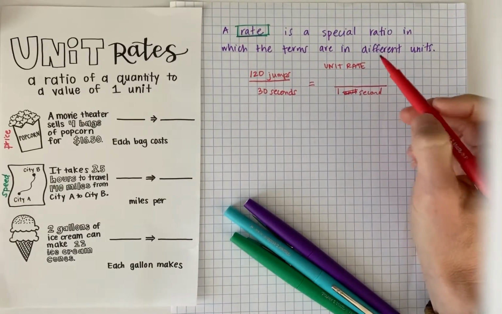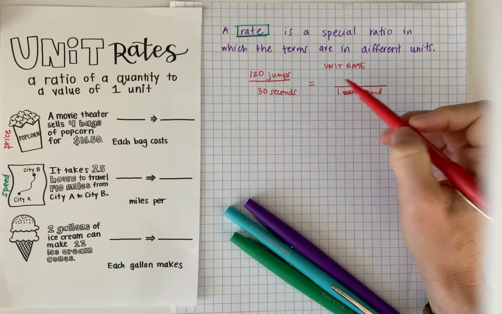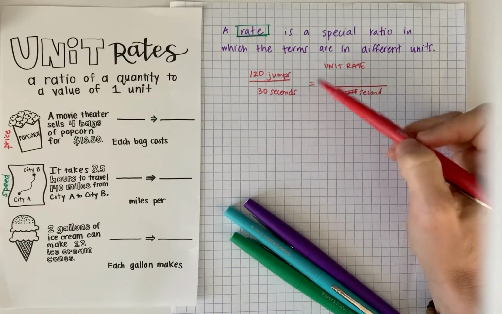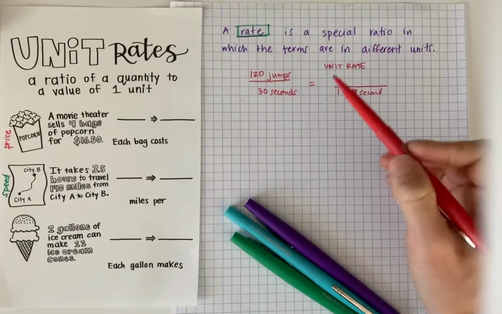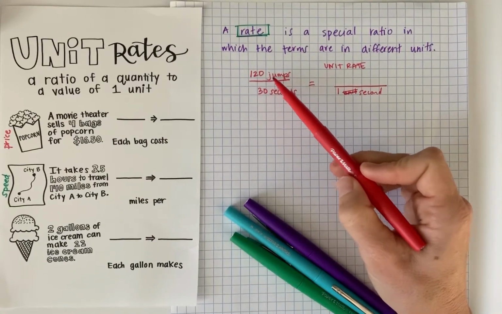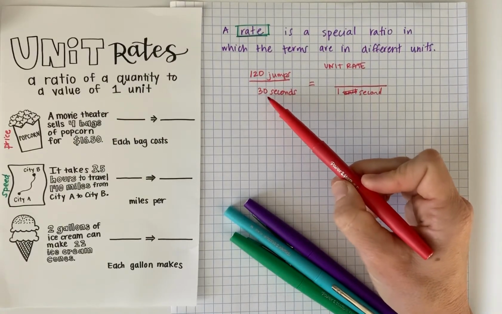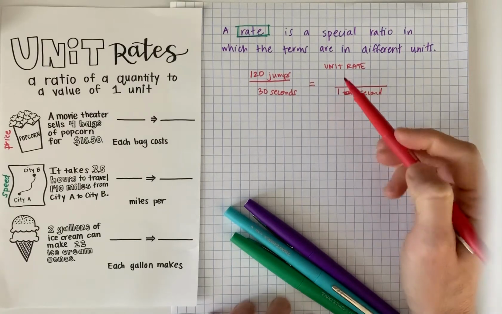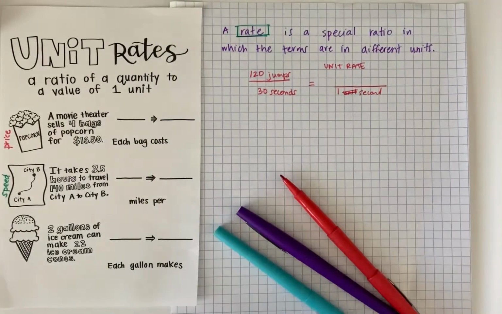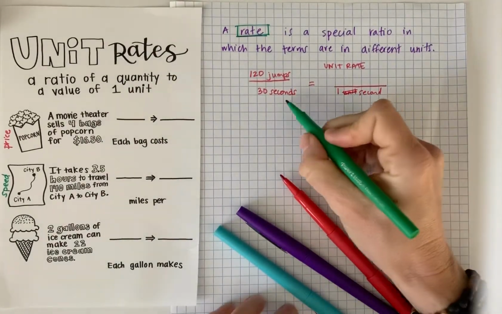I want you to think of unit rates and rates in general as just finding equivalent fractions. So if I know that there's 120 jumps per 30 seconds, I can calculate how many per 1 second because I am making the conversion to this equivalent fraction.